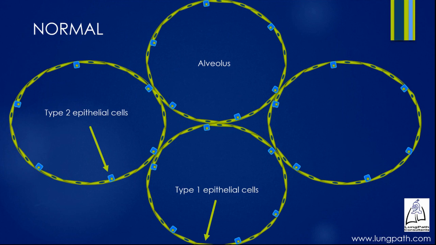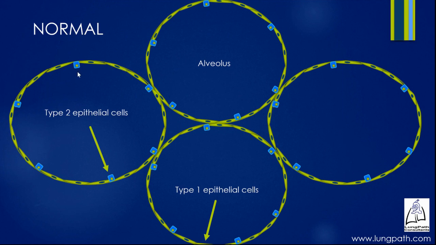The 3-dimensional relationship to the 2-dimensional image you see on the slide is quite difficult to navigate at first and takes quite a bit of experience. So I've drawn it as a cartoon in which we have 4 alveoli represented. These alveoli are lined by type 1 epithelial cells. These are these quite flat green cells with a black nucleus. You can't see them under the light microscope, but they are present.